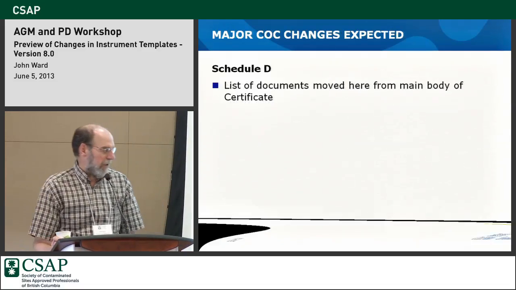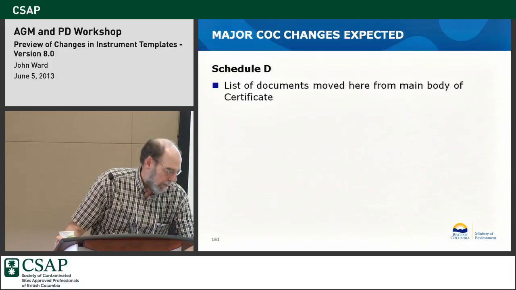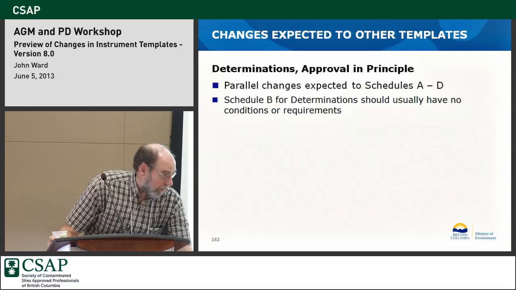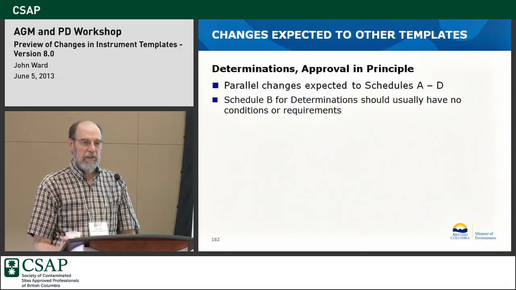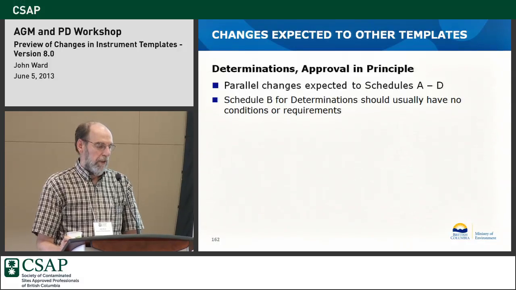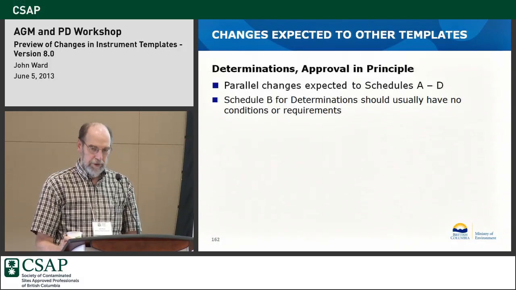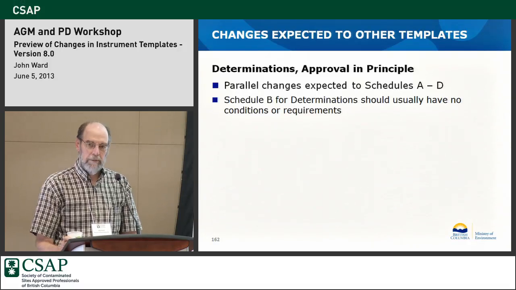And then Schedule D, again, all the documents are going to be listed. And the other templates, I haven't made the changes yet, but basically they're all going to have 4 schedules. And in the case of the determinations, the Schedule B, I think, usually will be blank.